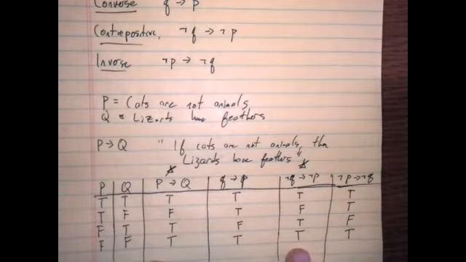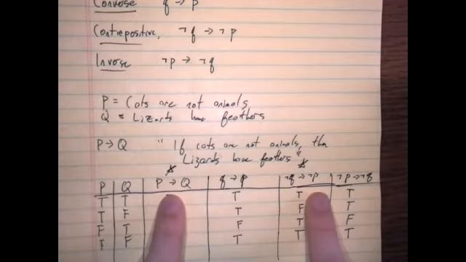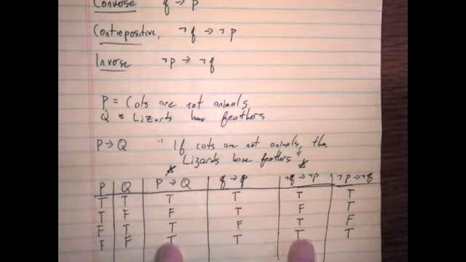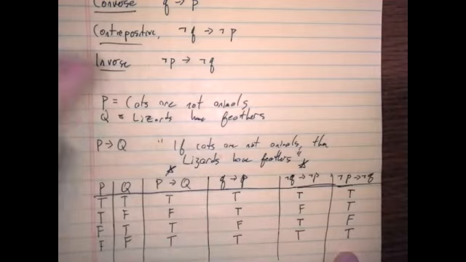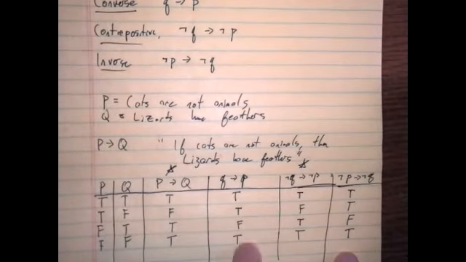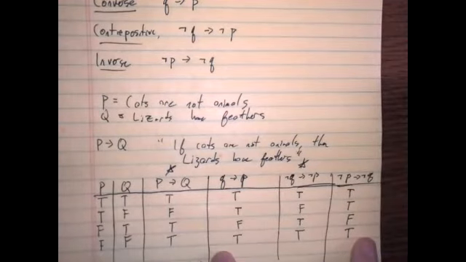Yes, they have the same truth value. So whenever P implies Q is true, the contrapositive is also true. So these two expressions have the exact same truth value everywhere. And it's the same thing with these two. The converse and the inverse have the same truth values everywhere because they're true in the same places and they're false in the same places.